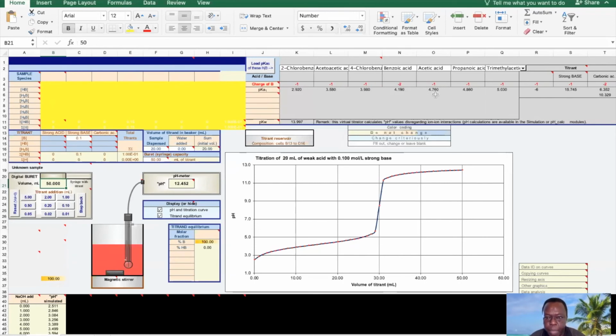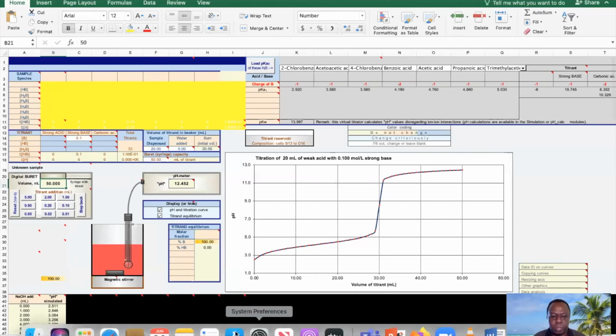If the pH at a half equivalent point is 4.760, then I know the pKa of the acid is the same as the pH, and the acid you are titrating is acetic acid. So these are the values you will use to identify the acid, and that's all I wanted you to know. Is there any question before we break for the quiz?